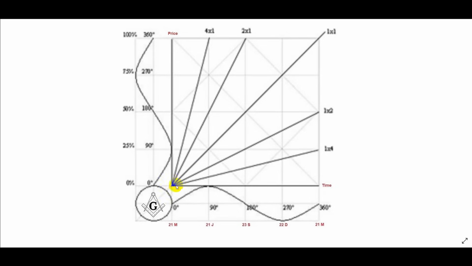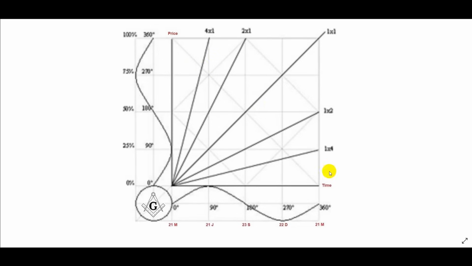You can see it's bisecting from this starting point to here. It's actually 1 cross 1, which means it is 45 degree from top to bottom. Every time the angle moves, you can see it's exactly at the end of the square.